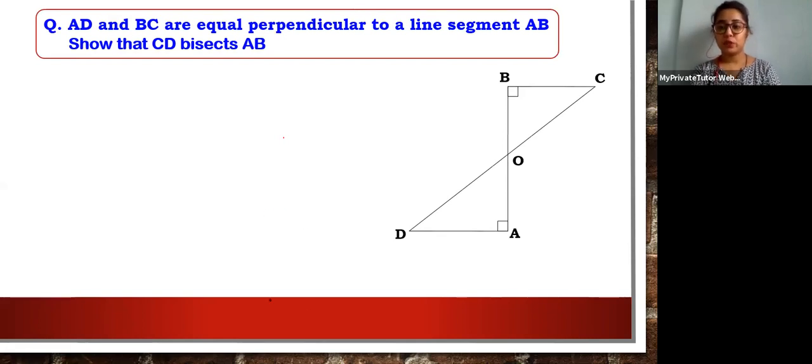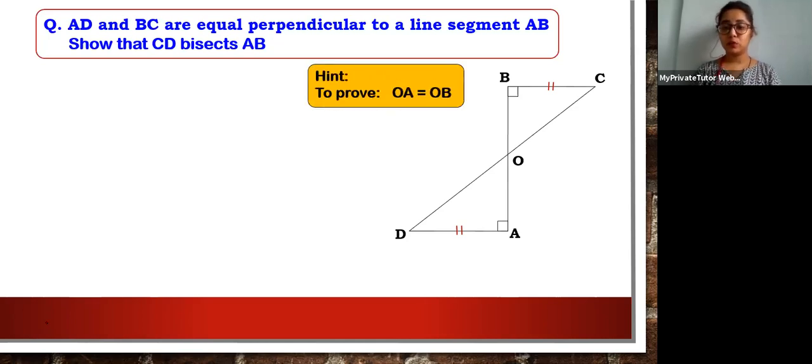So what you have to show is that this CD is bisecting this line. That is what you have to show. This is AD and BC, the perpendicular parts, and you have to show that they bisect.